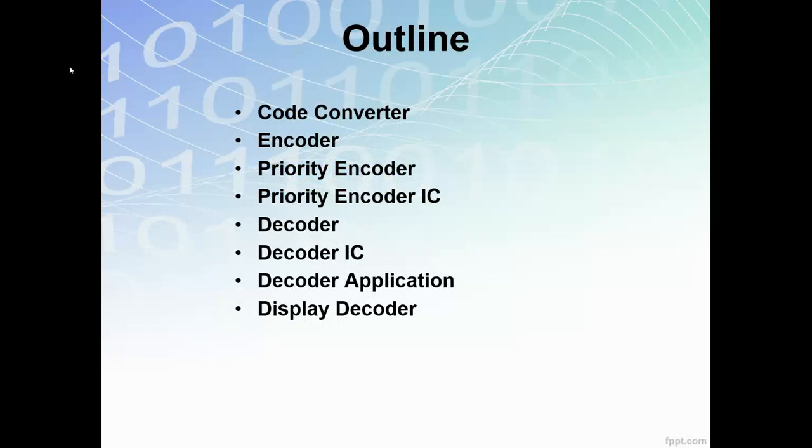The code converter that you will learn in this chapter will be an encoder, a priority encoder, and how the IC or the circuits of the priority encoder look, and then you learn about the decoder itself, how the decoder integrated circuits look like, and where your decoder is being applied, especially on the display decoder.